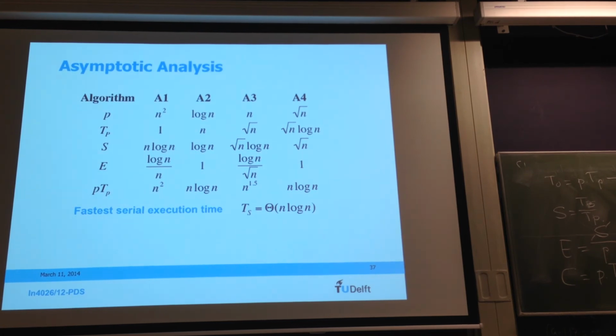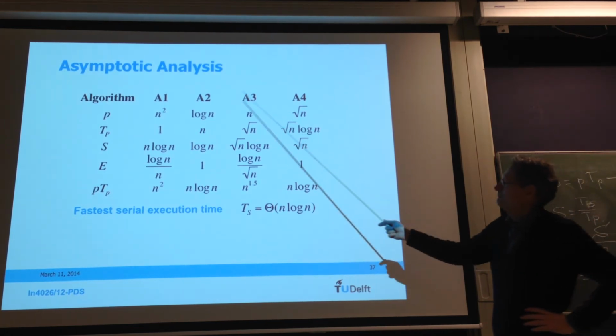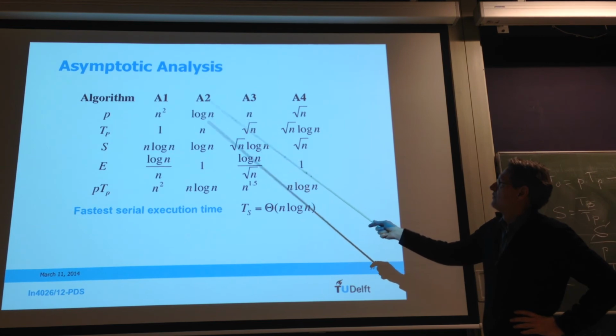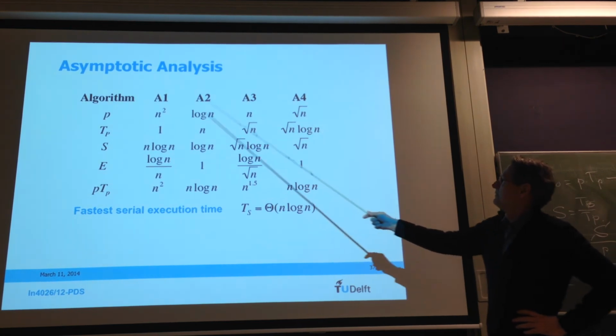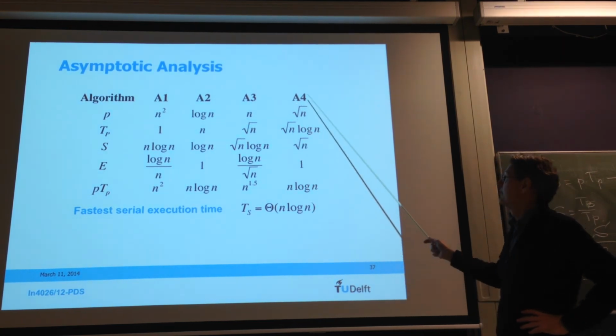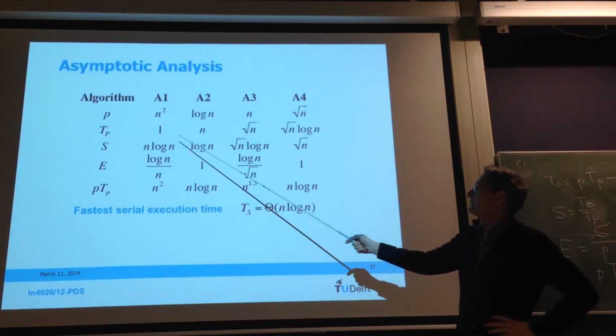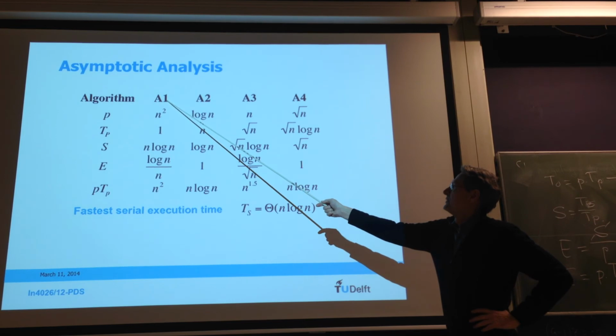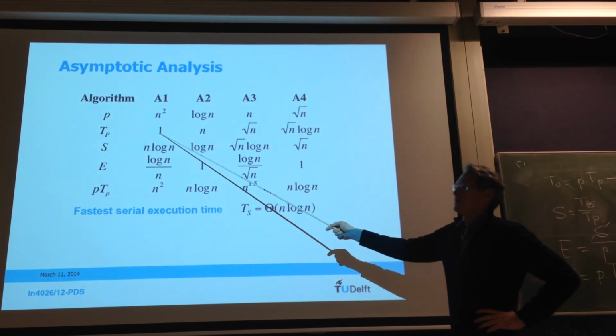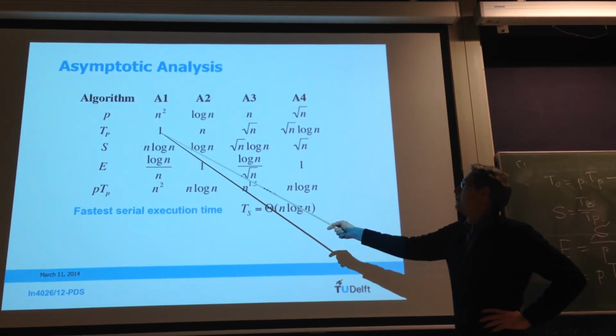Of course, we have to choose. If we want to select algorithms, we have to. What we see here is that for a specific problem, we can have different algorithmic variants, right? And they all have different characteristics. For instance, this algorithm A1 has a parallel execution time of 1.